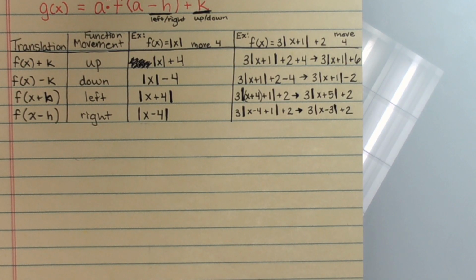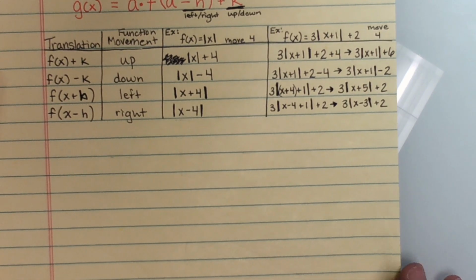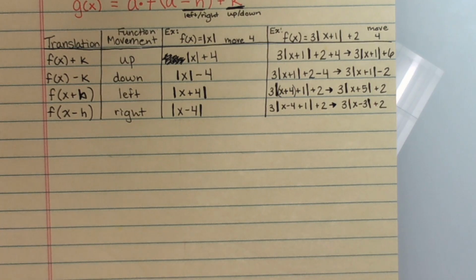Translations aren't generally terrible because of the fact that it's just adding and subtracting doesn't tend to cause big issues. It's when we get to some of the other transformations that things become a bit harder.